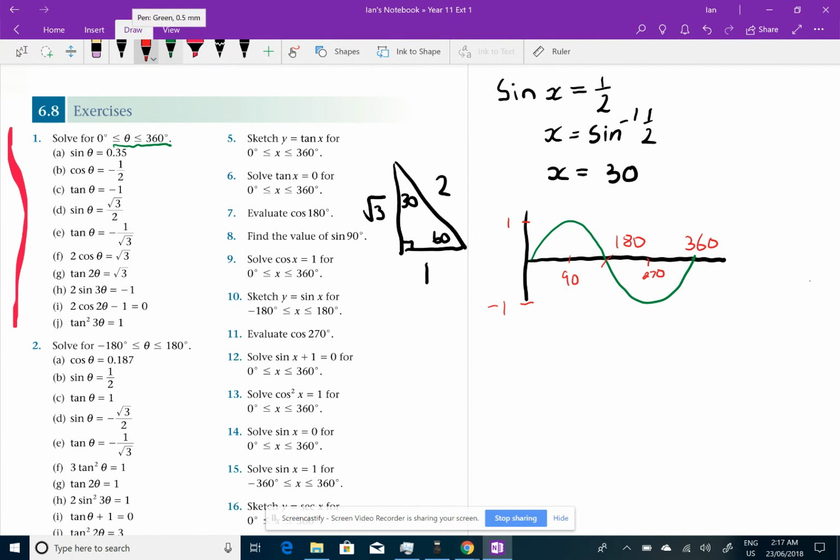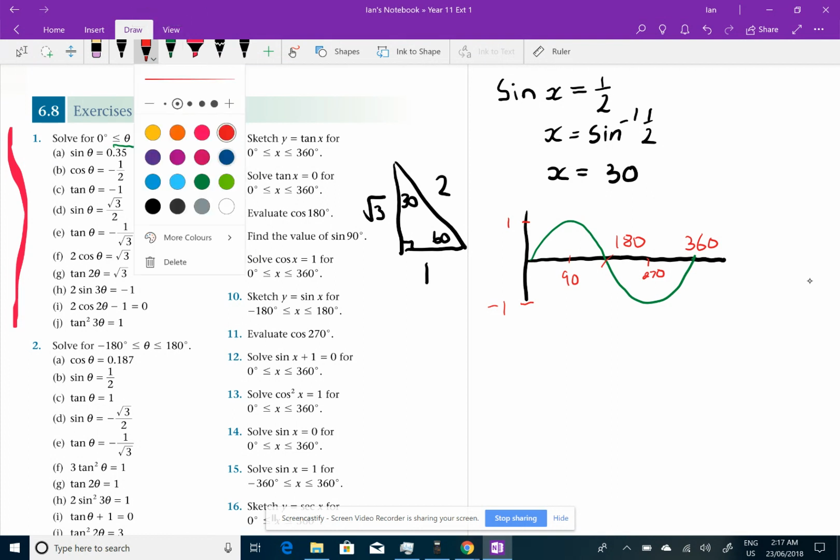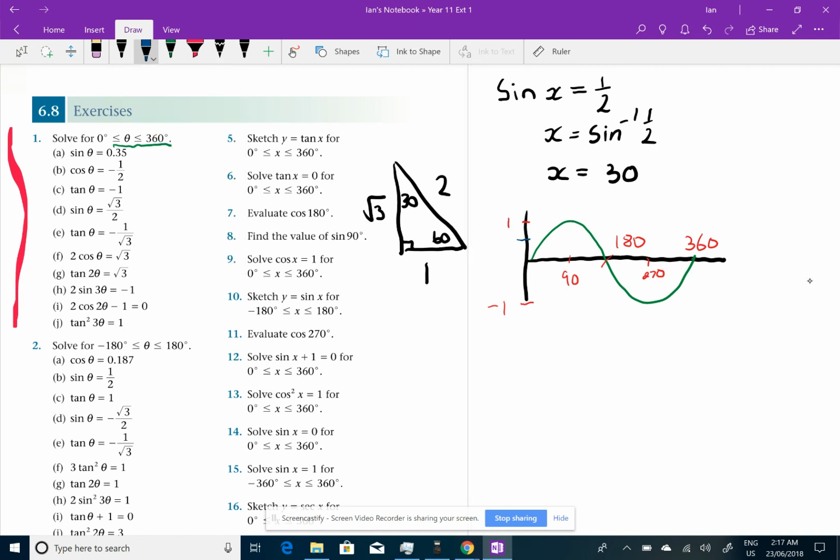So we want to find when this curve equals a half. So a half is about there. And we go along and we hit here. And there it is. And we already know that, because we've done the inverse sine, it's 30. But our calculator can only give us one answer. And we can see quite clearly there's another answer here.